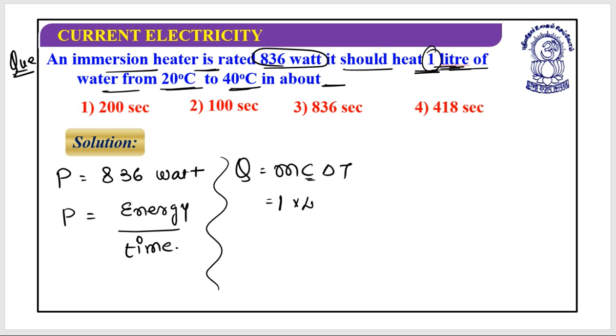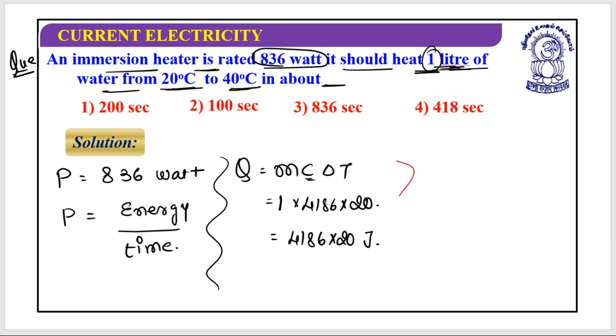What is it? It's 4186. I am taking this in SI units, and this is multiplied by delta T. This is 20 degrees Celsius to 40 degrees Celsius, so this is 20. So this is 4186 multiplied by 20. This much amount of joule is required.